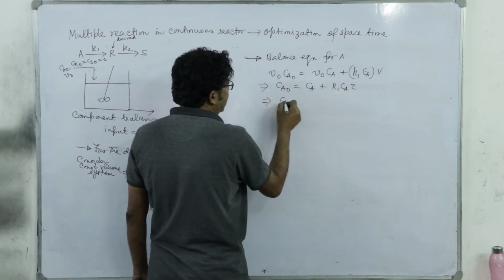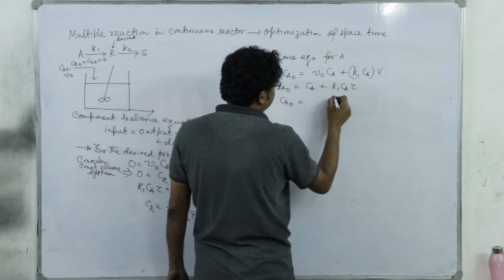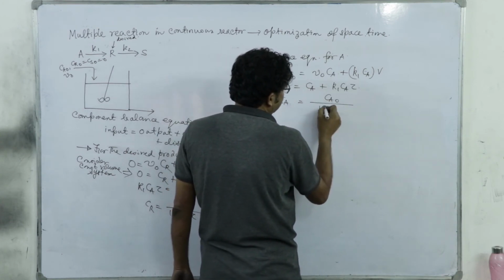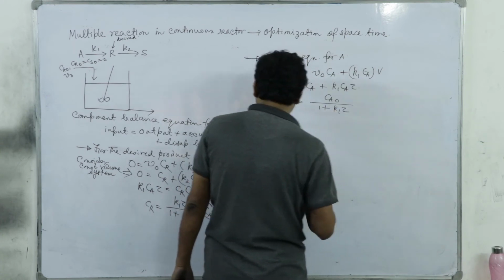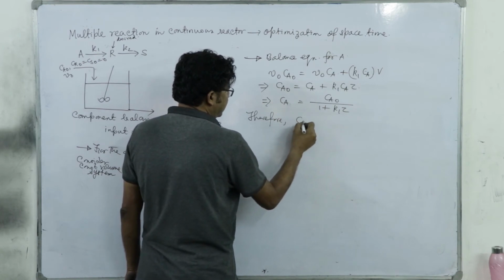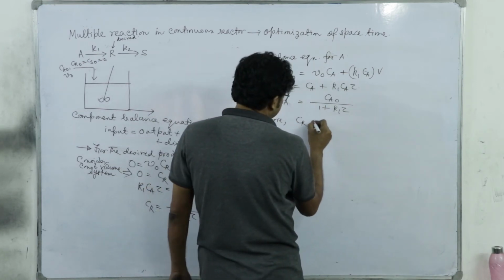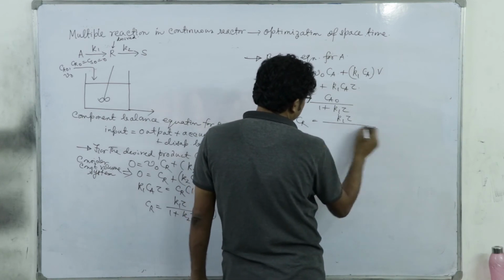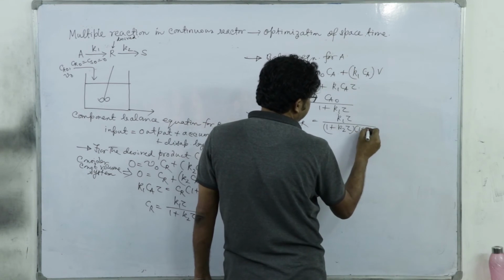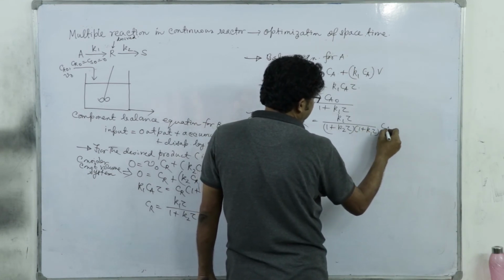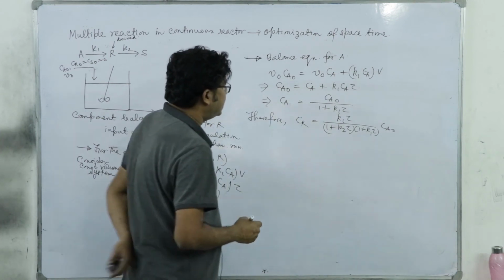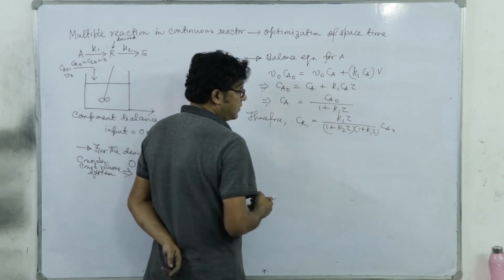So CA is equal to CA naught divided by 1 plus K1 tau. Therefore CR is equal to K1 tau divided by (1 plus K2 tau) into (1 plus K1 tau) into CA naught. So you have to maximize this CR at the outlet, and fix the respective optimum tau.